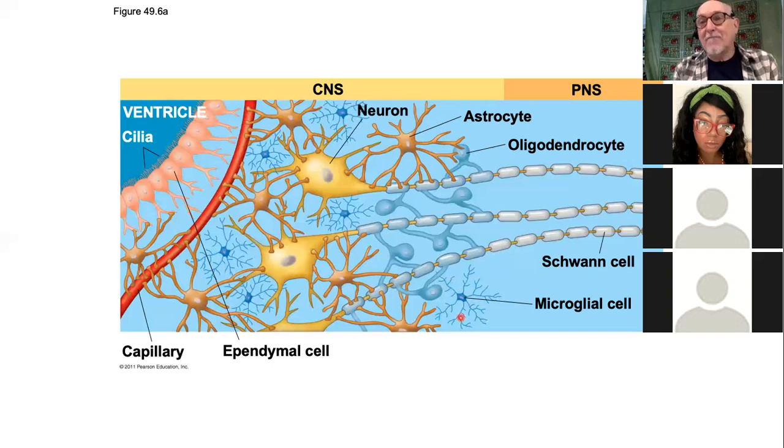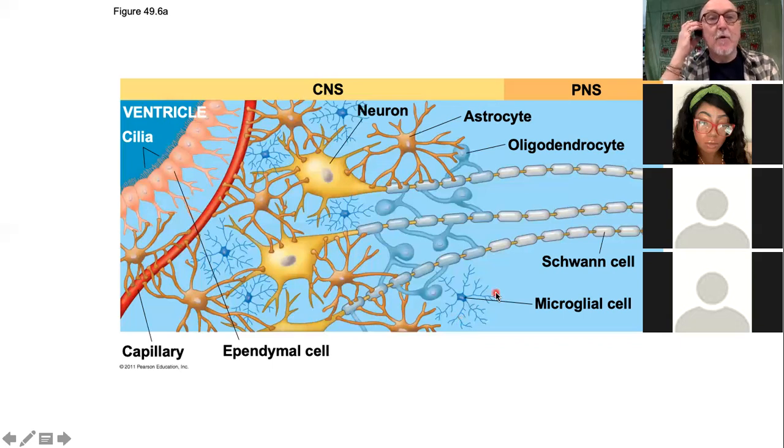And it may be, this is just a kind of theory, that microglial cells actually guide the formation of new neural connections, which are necessary in the formation of memory. So a very interesting group.